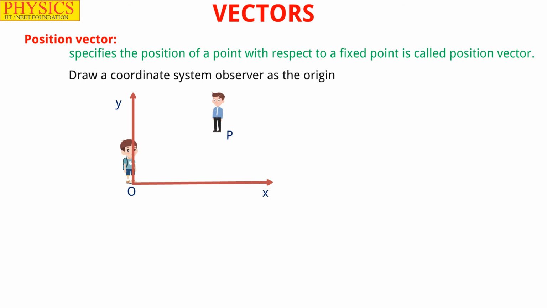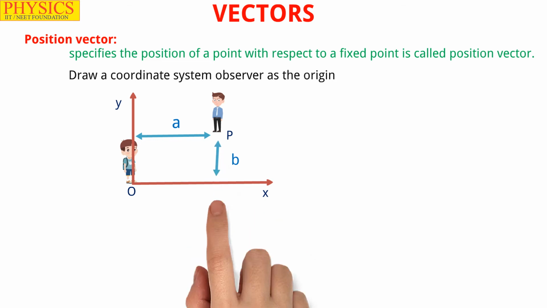Now point P is at a distance of a meters from the y axis and b meters from the x axis.